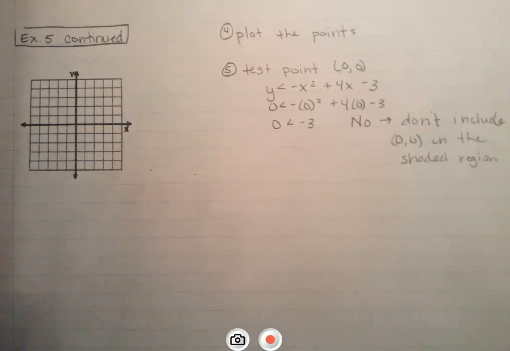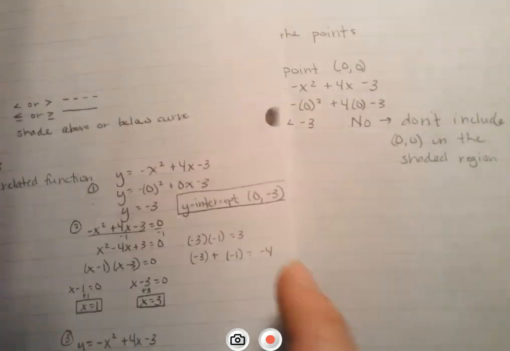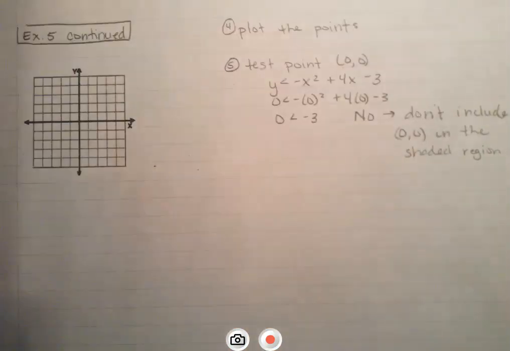Okay, so we're going to plot the y-intercept. Remember that was here. Let me just transfer all that information. Okay, so on the previous page, we found that the y-intercept was 0, -3.